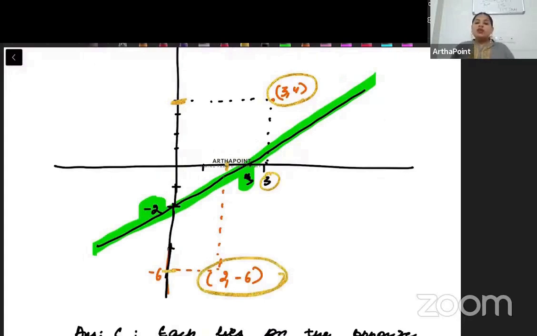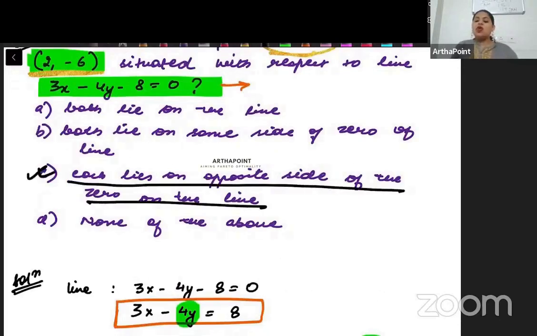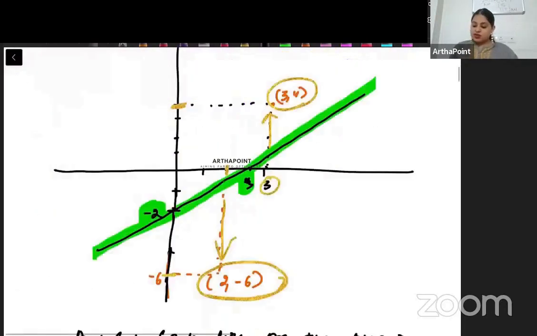If you notice, these two points are on the opposite sides of the line. One is here and the other is here. So the correct answer to this question will be C. Each point lies on the opposite side of the line. Okay, that was the first question.